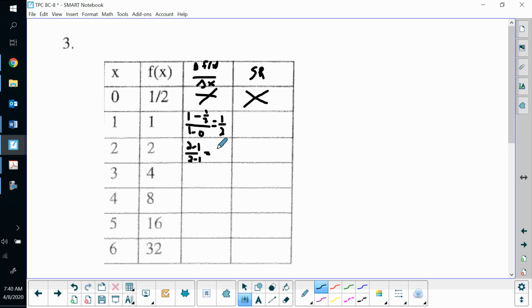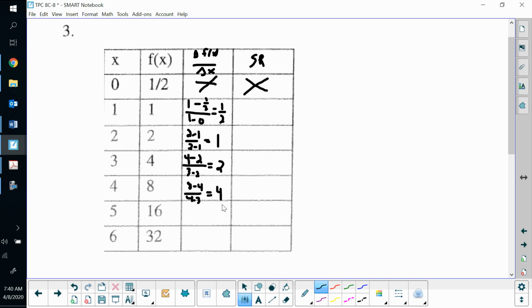So that'll give us 1 divided by 1, which is 1. Next one, we'll have this y value of 4 minus the 2 over 3 minus 2, so we got 2. 8 minus 4 over 4 minus 3. We get 4 on top, 1 on bottom, so we get 4.